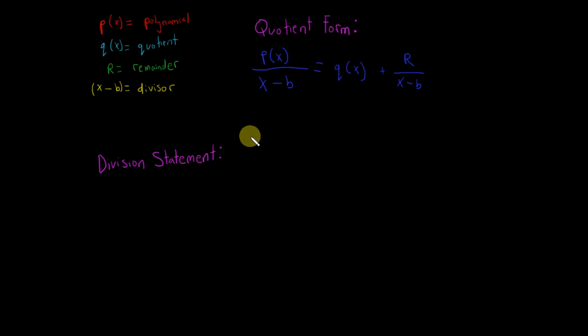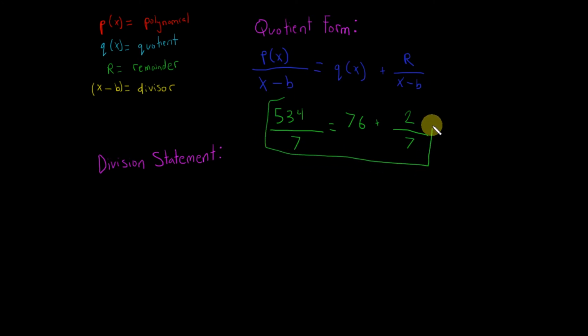And then if we wanted to write that with the answers from the last one, we know that our P of x would be 534, divided by 7, which was the divisor. And then Q of x is the quotient, our answer was 76, plus the remainder. We know our remainder was 2, and our divisor was 7. So that's how you would write it in quotient form, the answer.